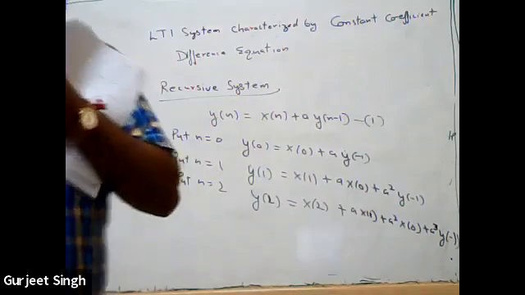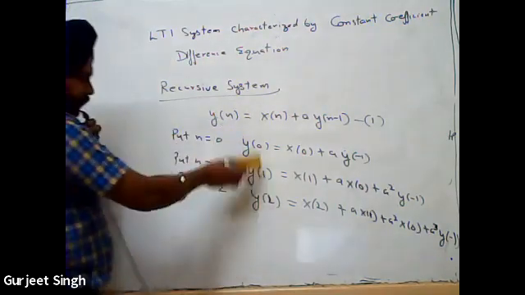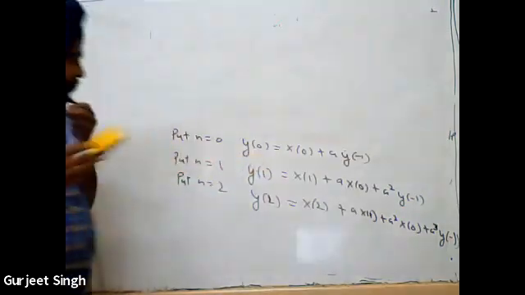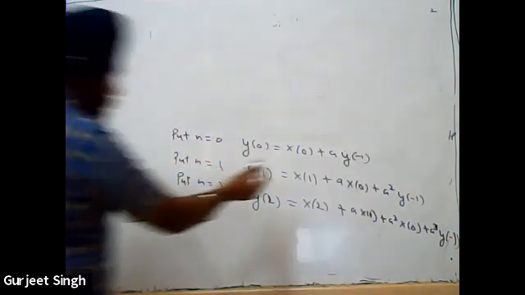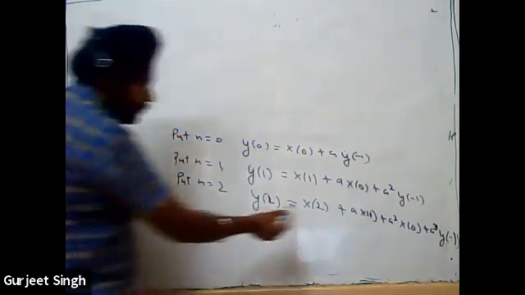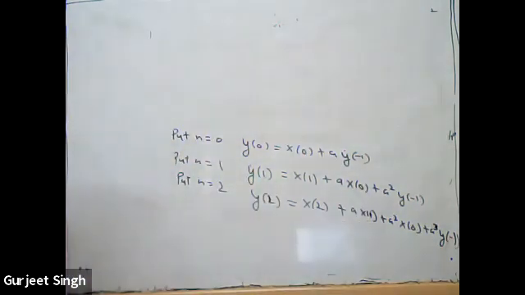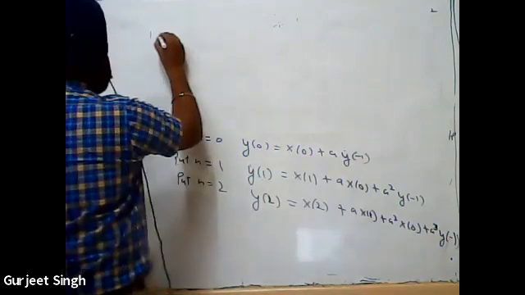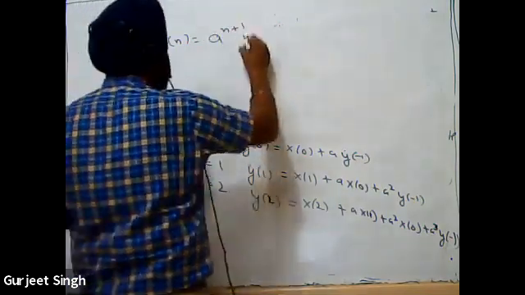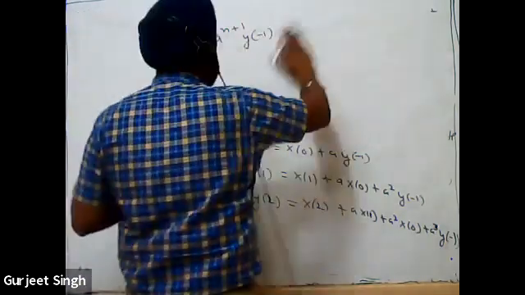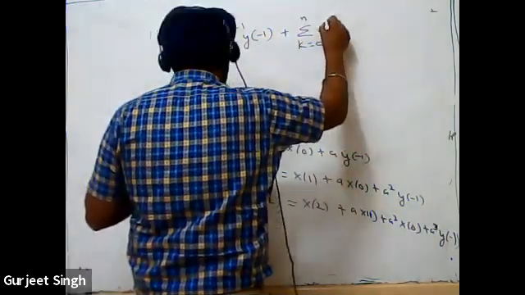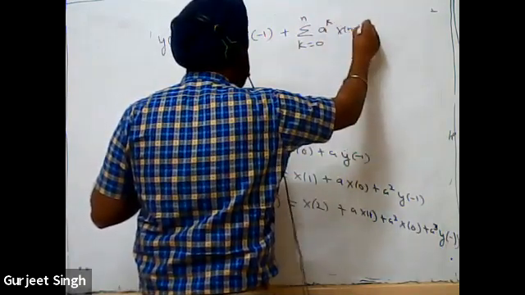Now if you see these three equations, x[0] plus a y[minus 1], x[1] plus a x[0] plus a squared y[minus 1], and x[2] plus a x[1] plus so on, I can write one generalized equation: y[n] equals a to the power n plus 1 times y[minus 1] plus summation k equals 0 to n of a to the power k x[n minus k].